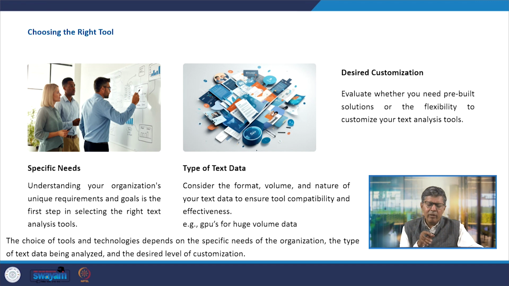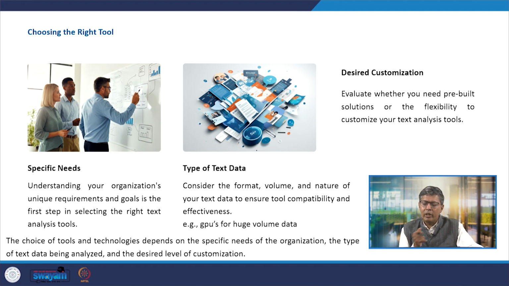So, according to your need, you choose your tools. Okay. Similarly, what is your type of text data? Considering the volumes today, let us say you have small data sets, or you have huge volumes of data, right. Accordingly also you can choose your tool. For example, GPUs are used for huge volume data, right. So, this is something that you have to think about. And also what kind of customization you are looking at.